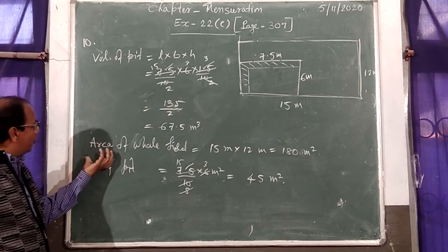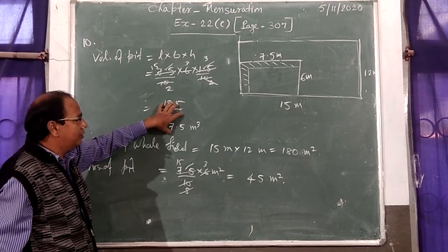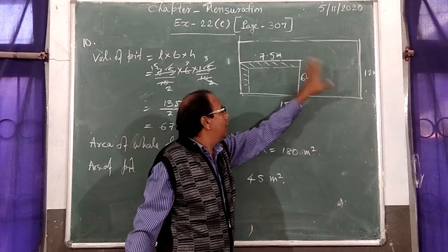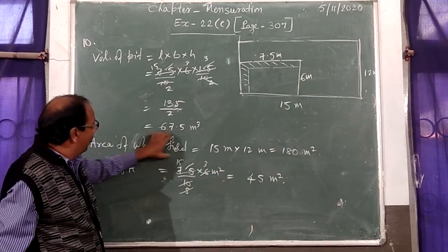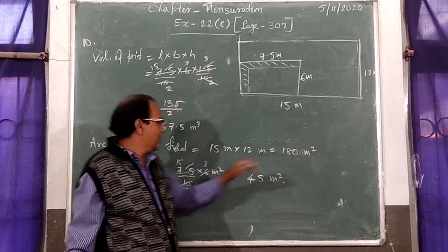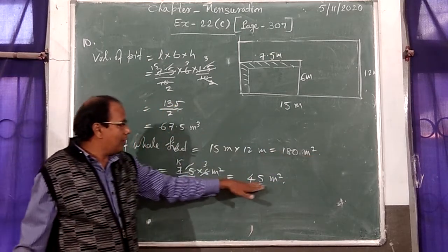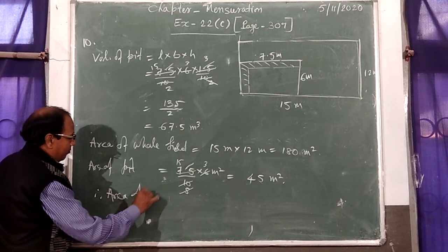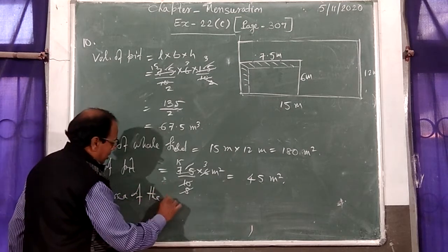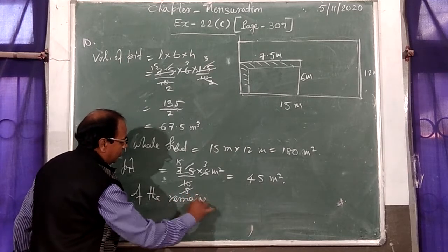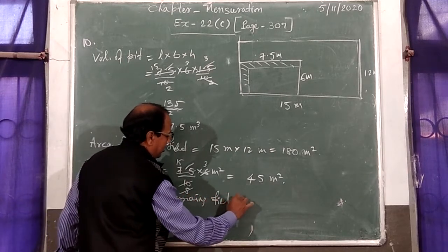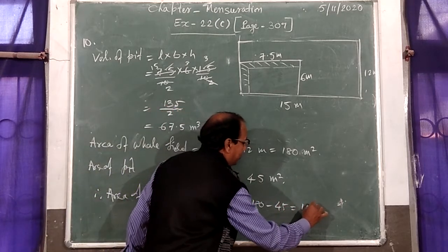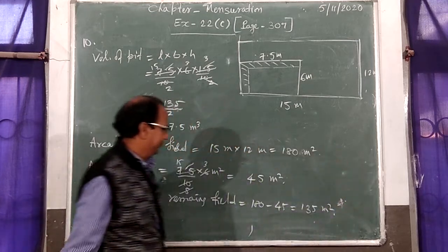Now let me go over it once more. Volume of the pit we got here. Now this soil will be kept on the rest of the portion of the field. So we need to find the area of the whole field, which is 180 meter square, and area of the pit equals 45 meter square. So area of remaining field equals 180 minus 45 is equal to 135 meter square.